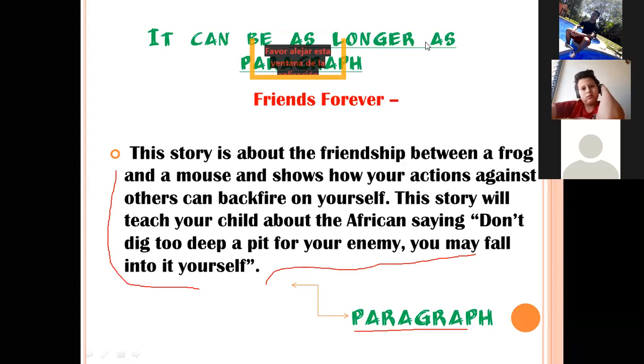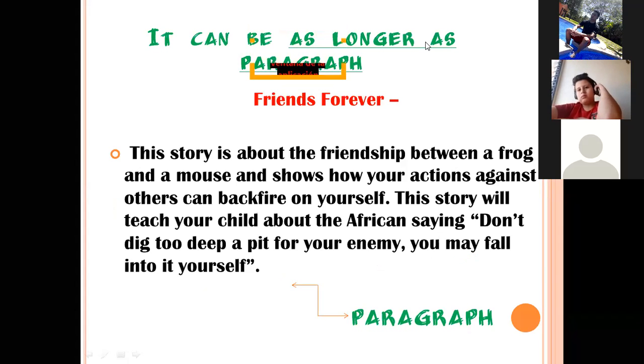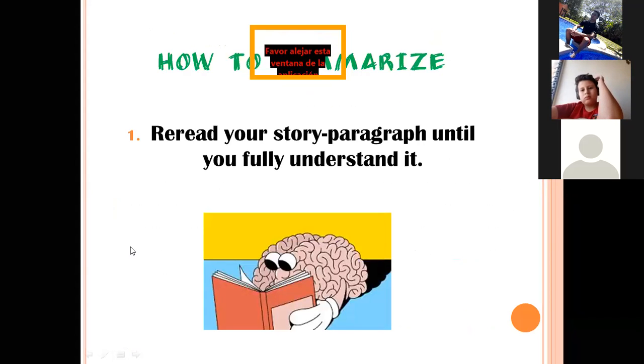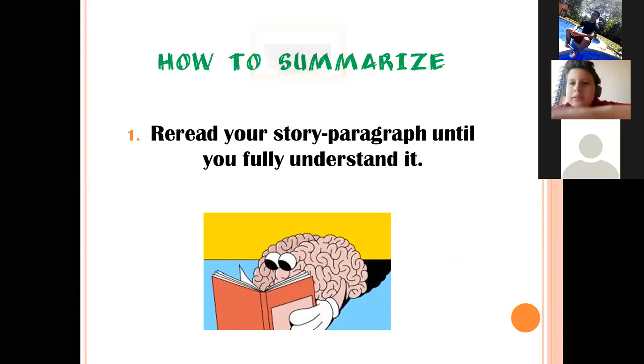Okay, let me erase this and continue. Now, how to summarize. I'm going to give you some tips. Please copy this. Reread your story or paragraph until you fully understand it.